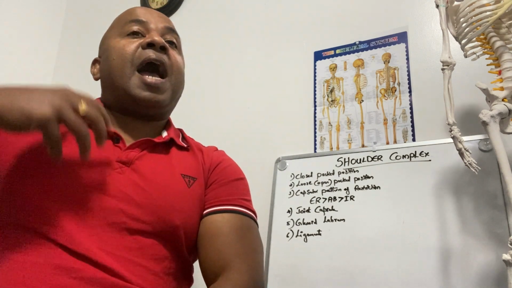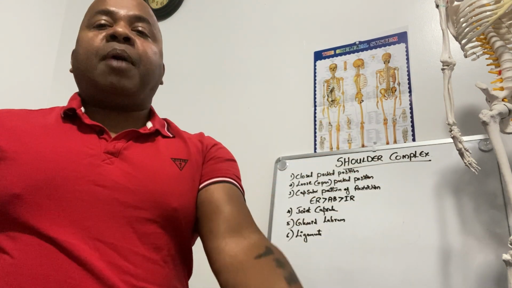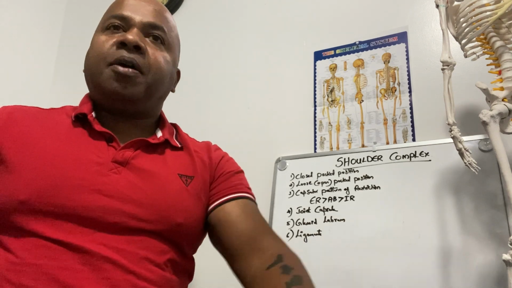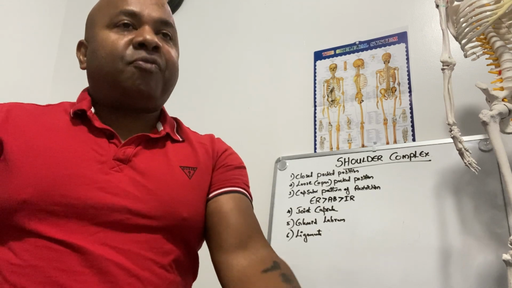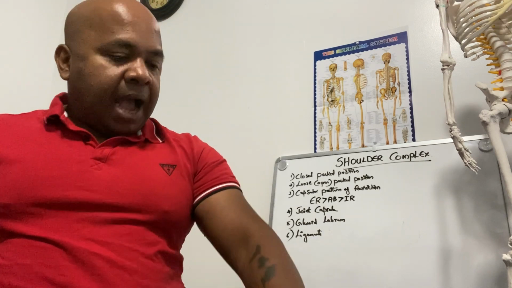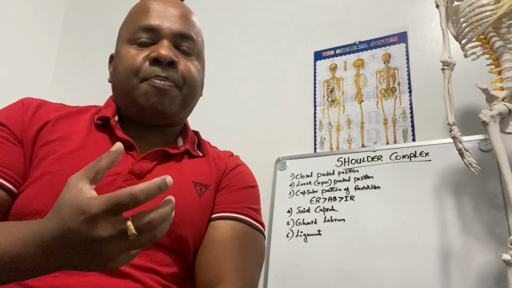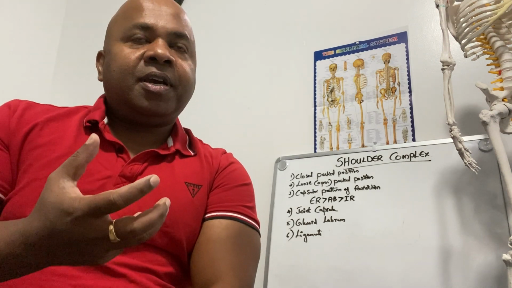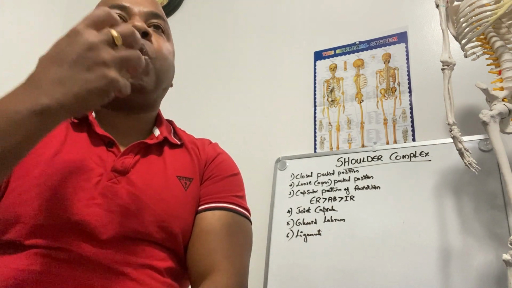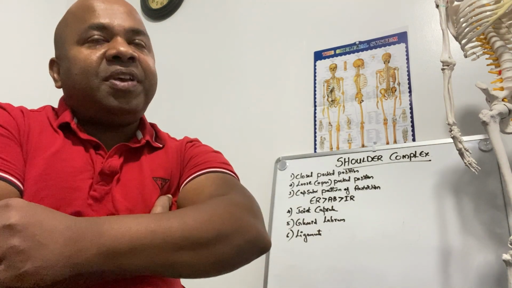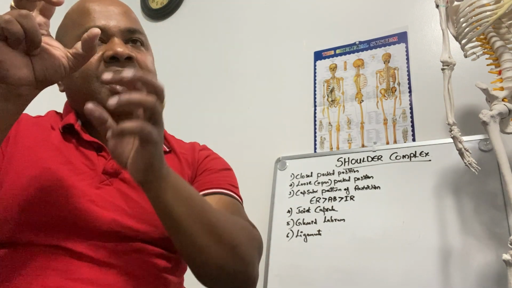Even though in the anatomical position the arms face forward, in a normal standing position we are not standing with the arms facing forwards. The arms are adducted and internally rotated, and when any pathological condition occurs, the joint capsule, especially the inferior joint capsule, will go for contracture.